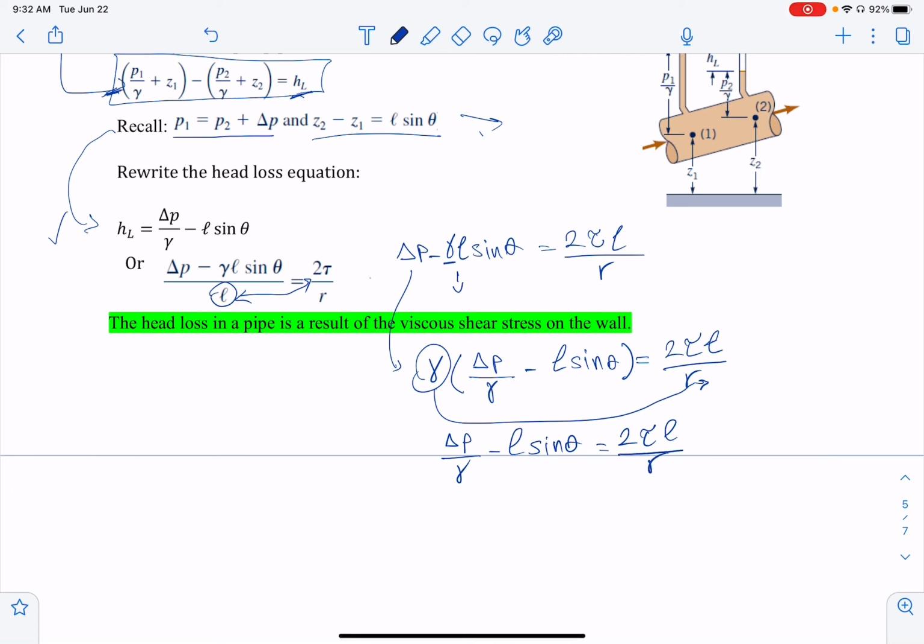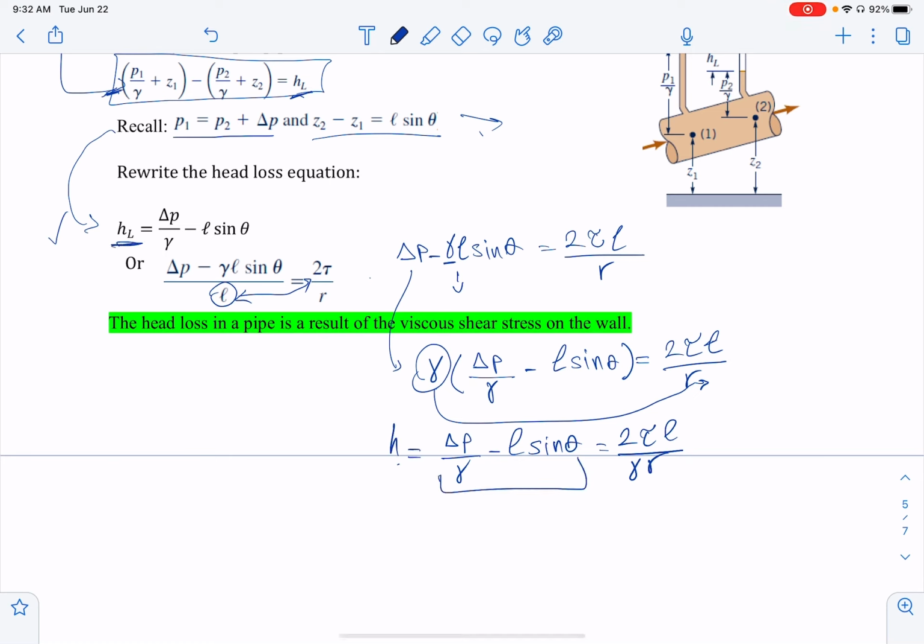Oh, and there is a gamma, I forgot that, because we just brought it over. So this is also how we can write it down, and we know that this is equal to h_L, right?